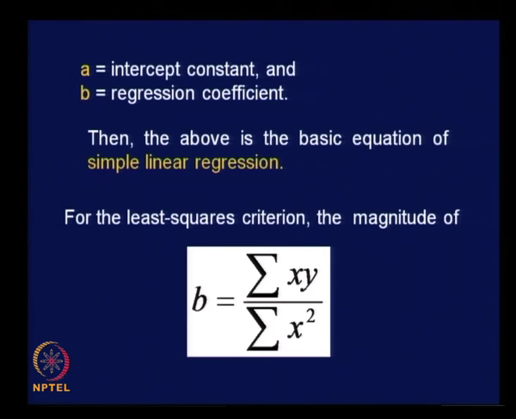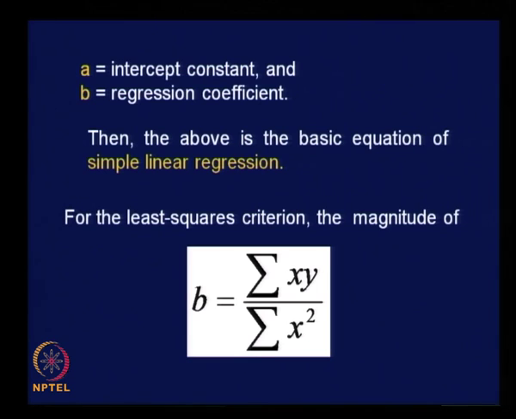For the least squares criterion, the magnitude of b can be calculated as sigma xy divided by sigma x square. Now, you need to know what is least squares criterion.